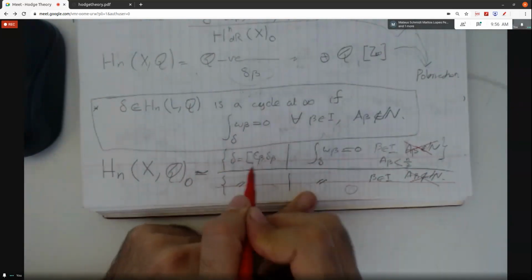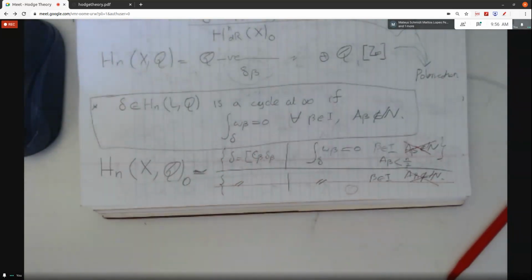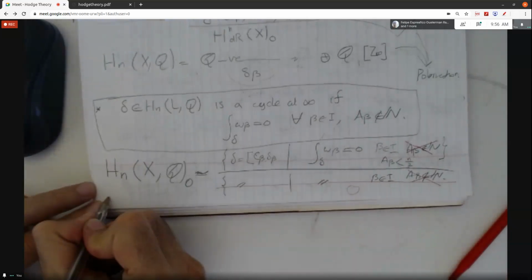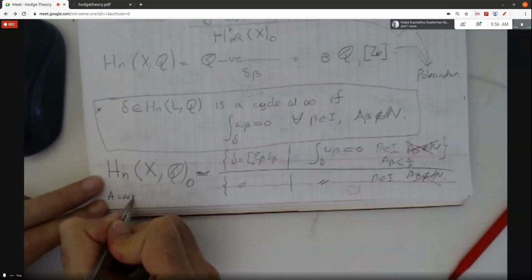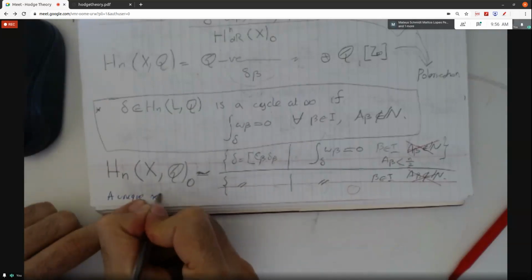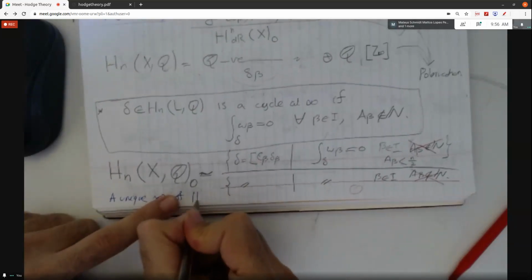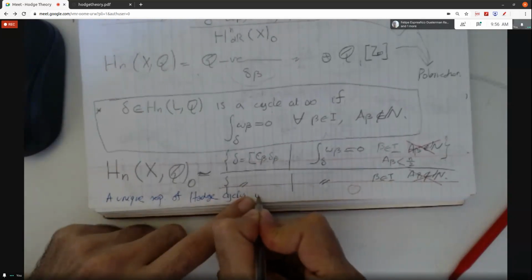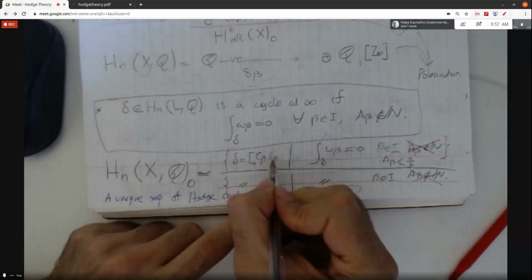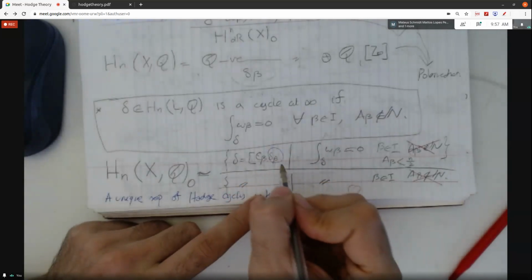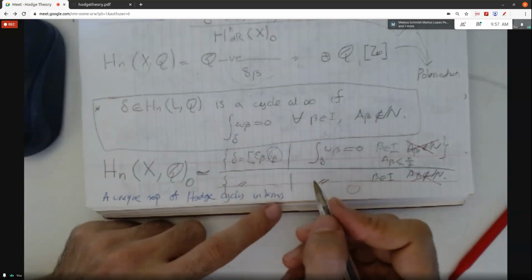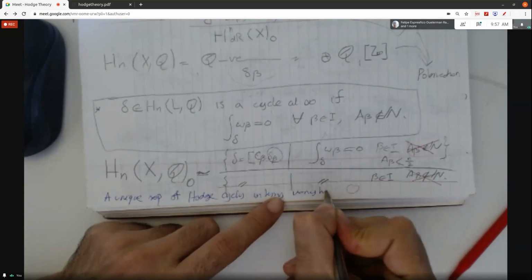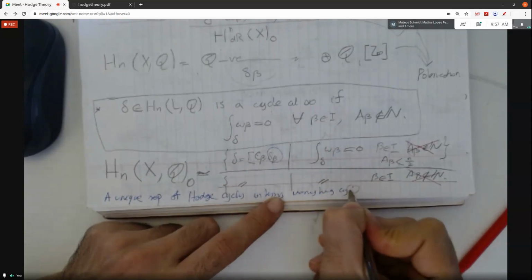In this way, you will get a unique representation of Hodge cycles in terms of, well, at some point I have to explain, but these delta betas are spheres, called vanishing cycles, in terms of vanishing cycles.